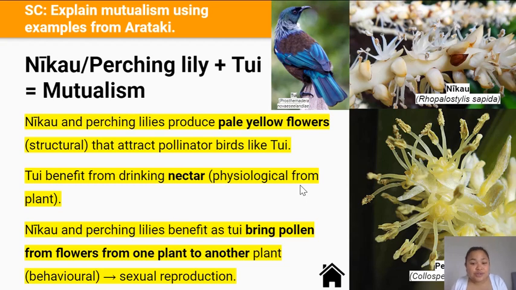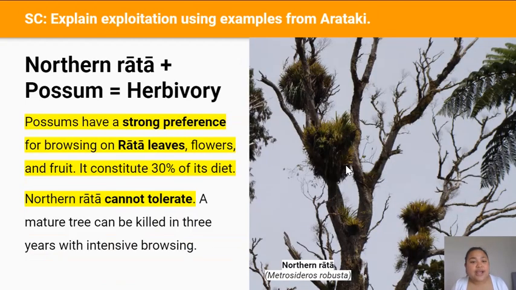And being able to produce the nectar is a physiological adaptation. Nico and perching lilies, the plants, benefit because tui bring the pollen from one plant to another plant as they fly to get nectar, which leads to pollination, which is a form of sexual reproduction.